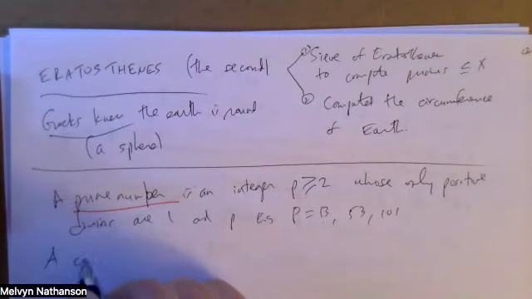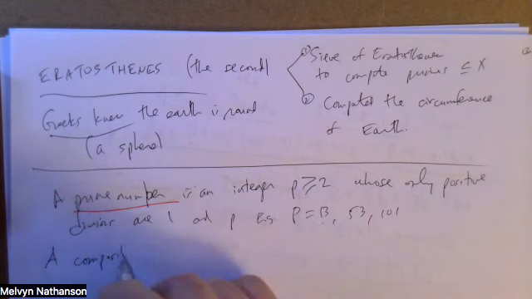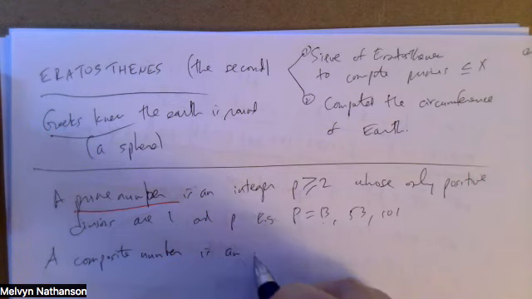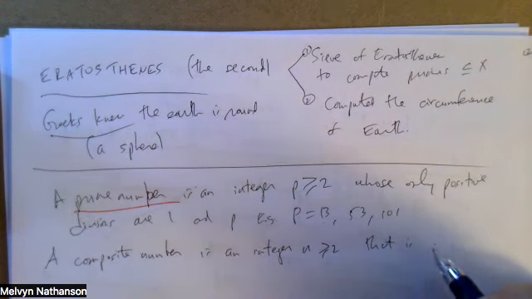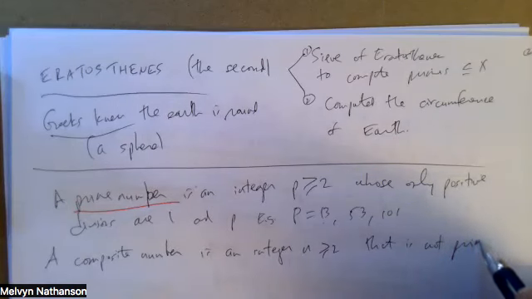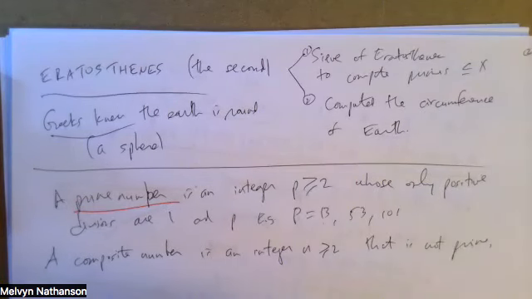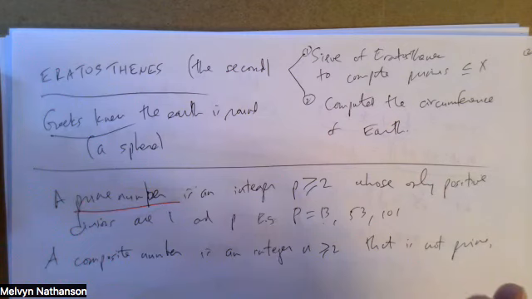The other numbers are called composite. A composite number is an integer n, at least 2, that is not prime. So that makes it easy. Either a number at least 2 is prime, or if it's not, it's composite.